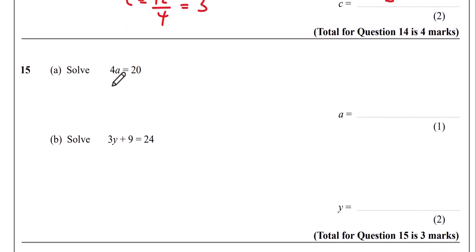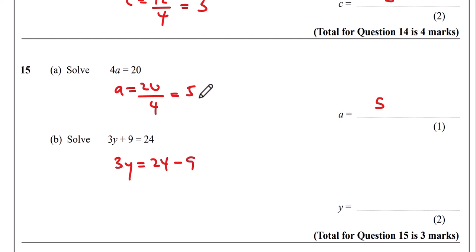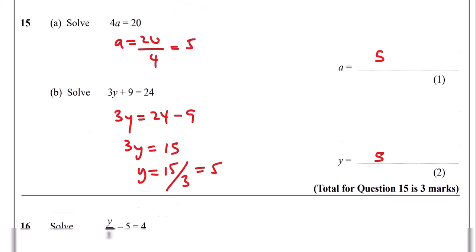And again, for 4a equals 20, a will be 20 divided by 4, and that will be 5. And for this one, if you have to solve 3y plus 9 equals 24, because it's a plus, you're going to minus 9 on both sides, so 3y is 24 minus 9. Now if you do 24 minus 9, you're going to get 15, and divide by 3 on both sides, y will be 5.